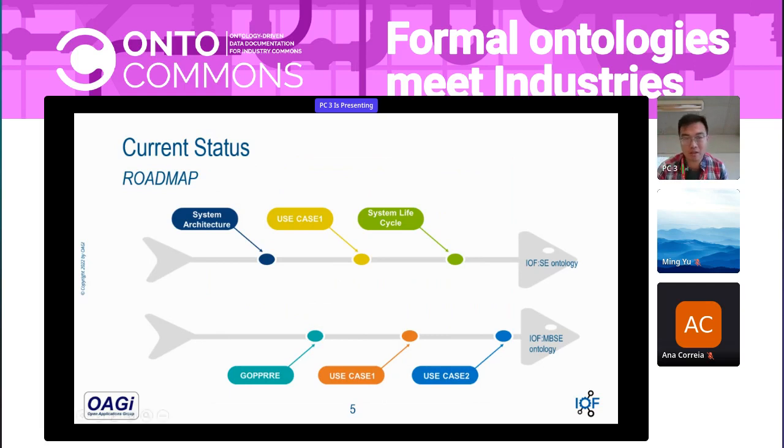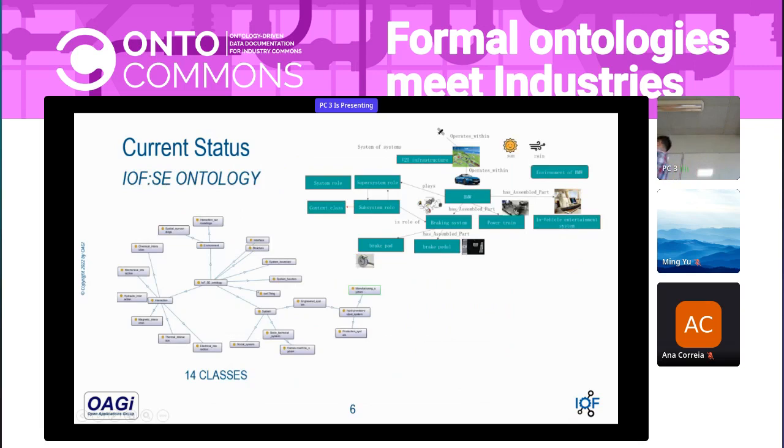systems engineering ontology. I will give a very short introduction to the systems engineering ontology because we don't have enough time. After about 1 year of discussion, we now have 40 classes about the systems. And we have also defined 1 scenario in order to evaluate the 40 classes. But the challenging thing for us is that it's very difficult to define the hierarchy between system and subsystem.